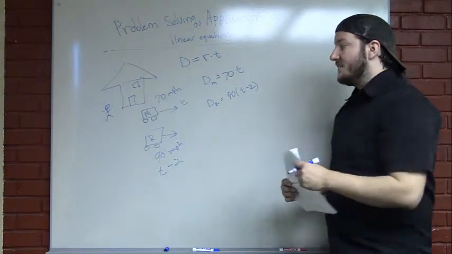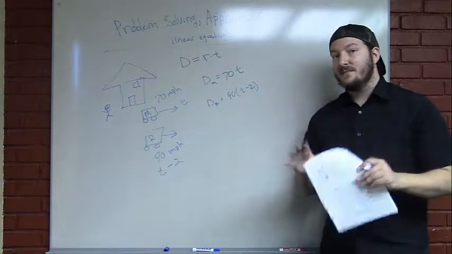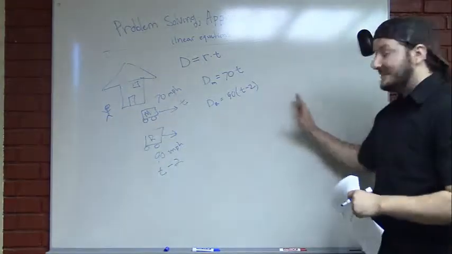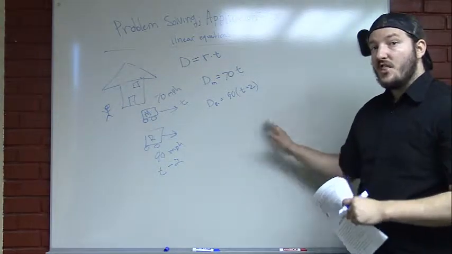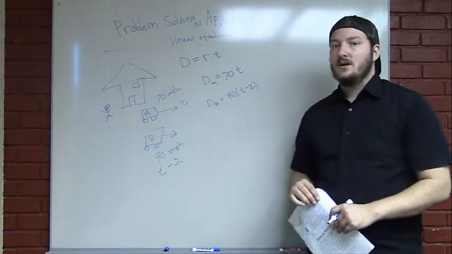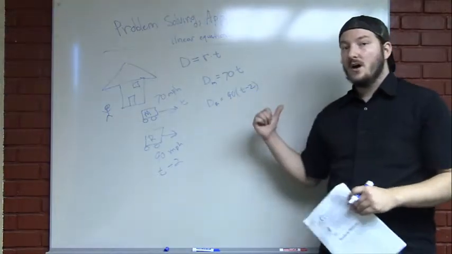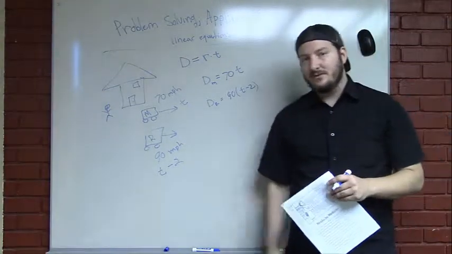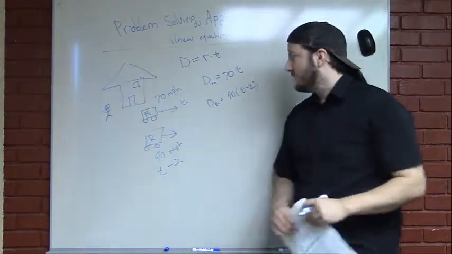Okay, now this is the trick to the problem here. From her house to Visalia, the distances are the same. I mean, if you go from there to Visalia, you know, the distance is going to be the same, assuming you take the same route. Okay?